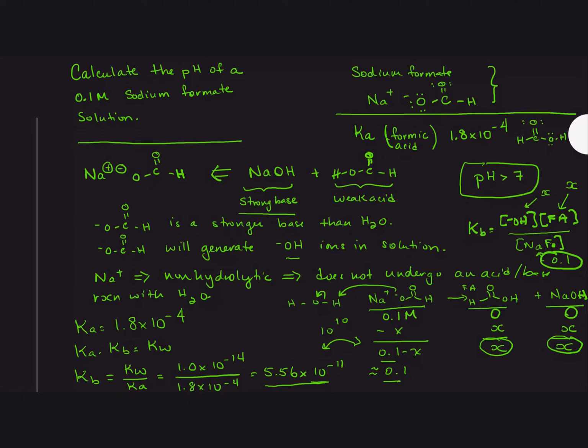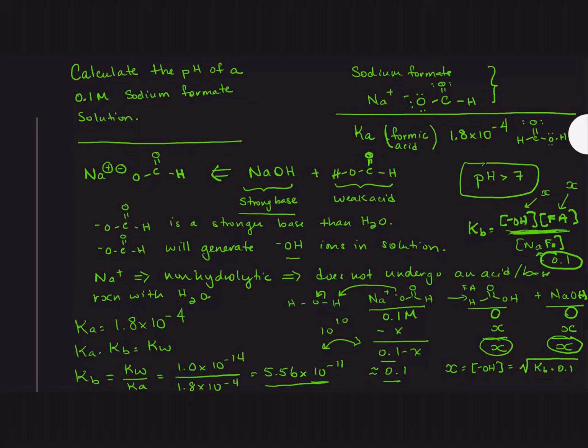So what I can do is rationalize that X, which is equal to the hydroxide ion concentration, is simply the square root of Kb times 0.1. If we look at the numerator, this would be X times X, or X squared.